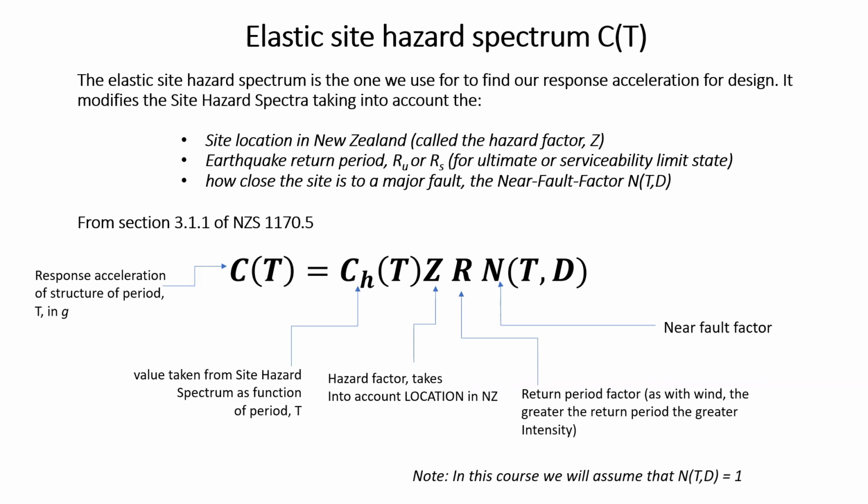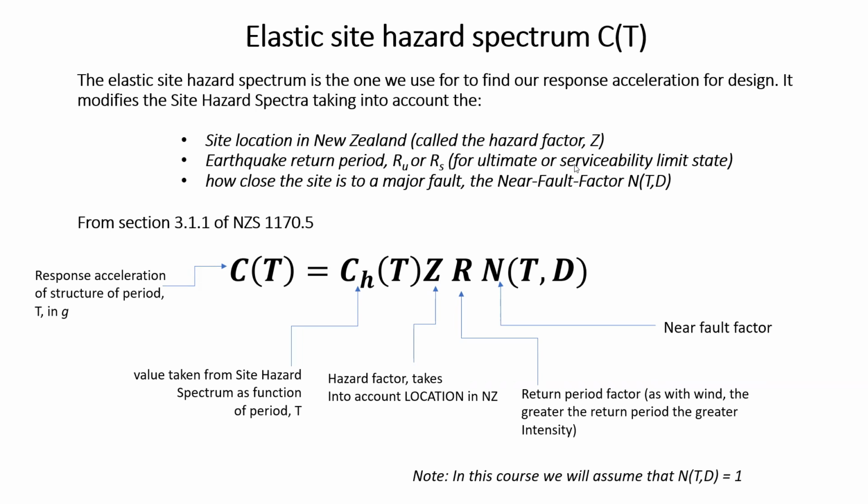The site location is given by the hazard factor, with symbol Z. We have the earthquake return period, RU or RS, where RU is for ultimate limit state and RS is for serviceability limit state. That makes sense as well.